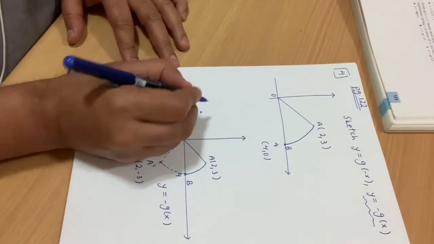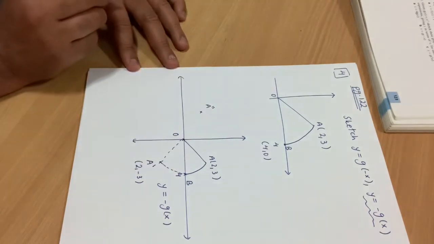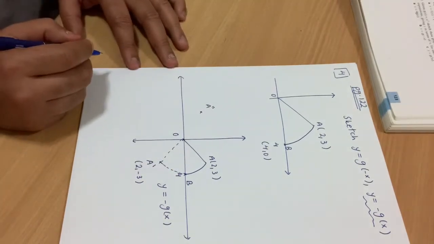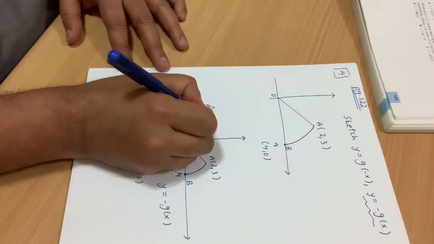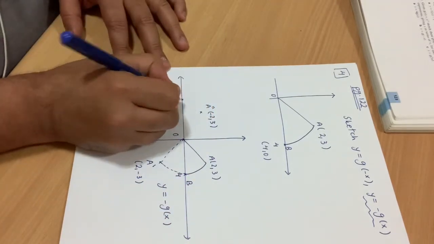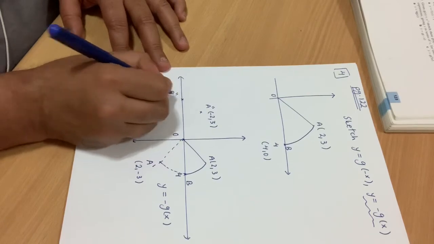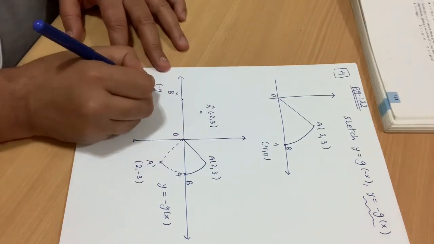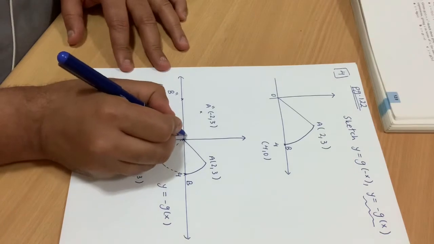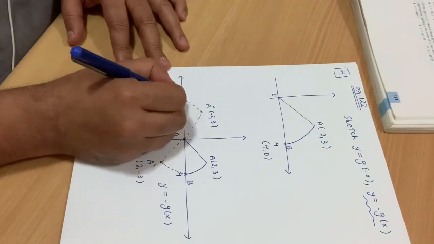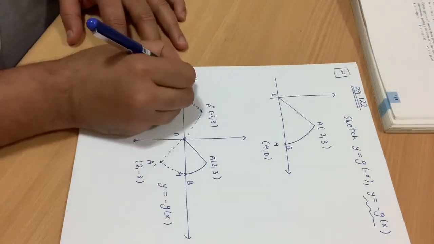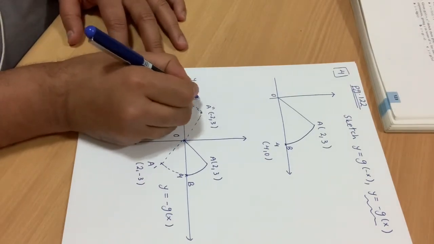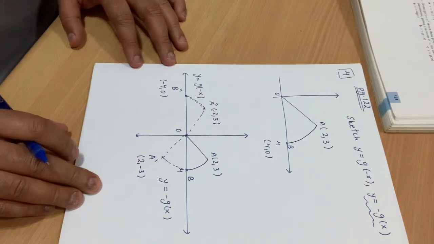Point A, let's call it A double dash, is the image of point A about the y-axis and has the coordinates negative 2 and 3. And point B, B double dash, negative 4 and 0. So this curve is y equals g of negative x, reflection about the y-axis.